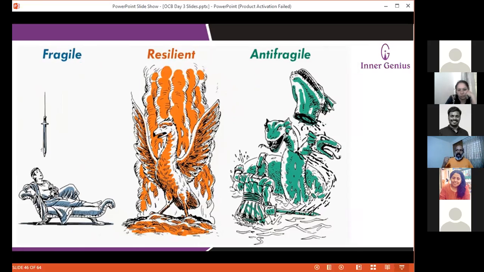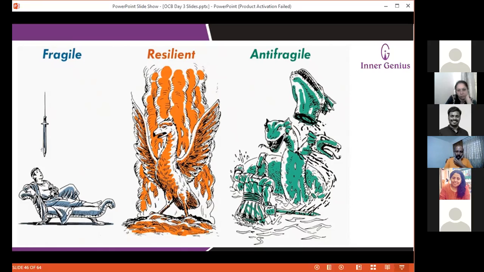Or Vali: whoever is an opponent in front of Vali, their strength becomes his strength. It would keep doubling up, and that's why Rama had to go behind a tree and shoot him from the back. That is being anti-fragile. No one can defeat this person. How can a person who refuses to stay defeated be defeated? It is not possible.